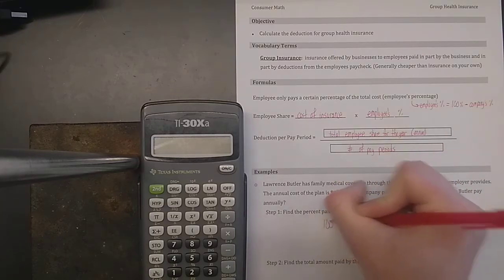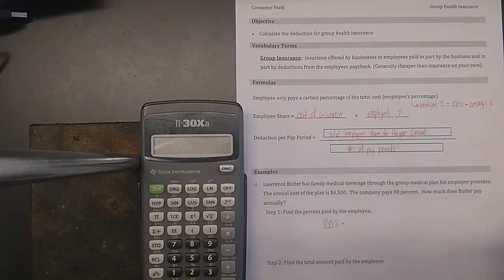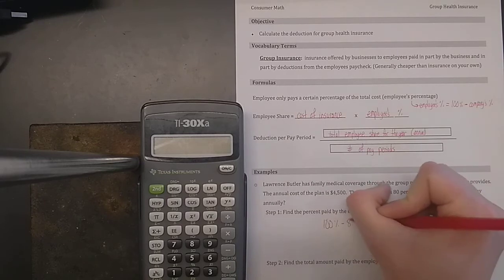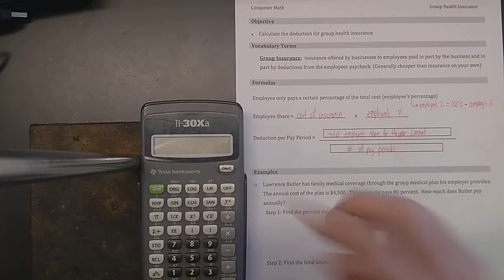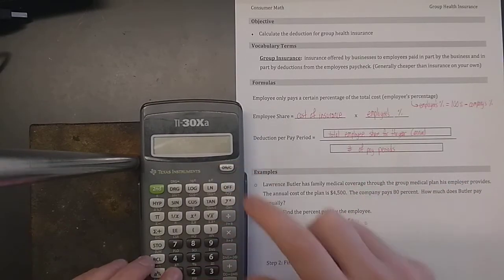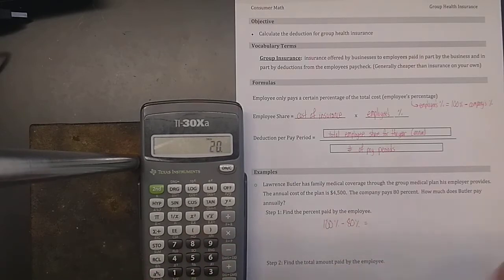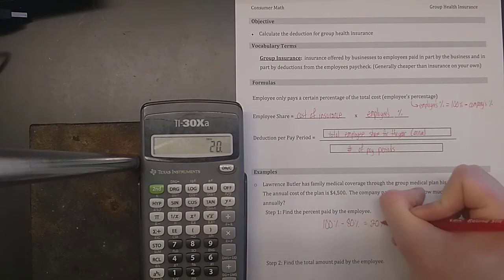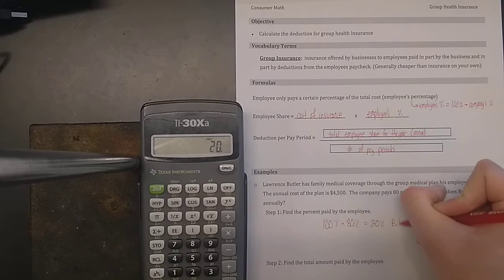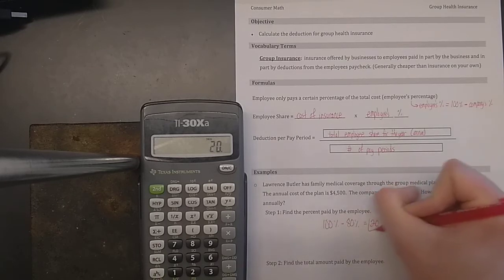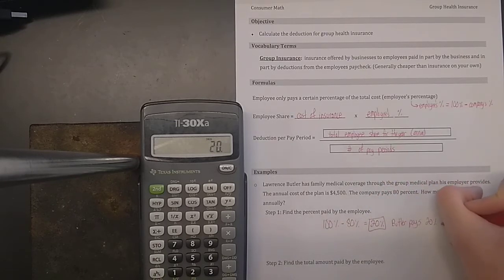Well, the percent paid by the employee is 100% minus the company's percent, which is 80%. 100 minus 80 is 20%. Butler pays 20% of insurance cost. The other 80% is picked up by the company.